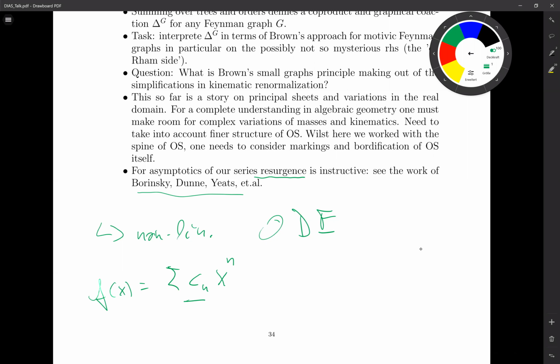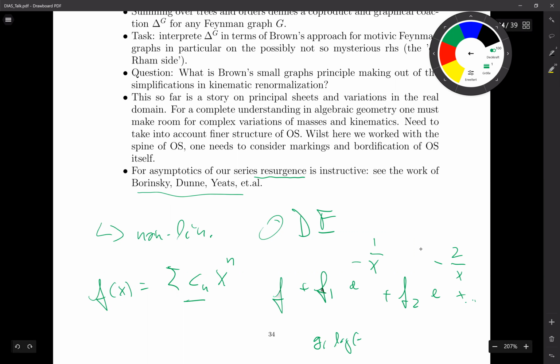That's not yet a convergent series, but then there's a theory which tells you all such series at the end can be expanded not into such a series, but into such a series plus a different series, which again has different coefficients, d_n if you like, and an e to the minus 1 over x, say a small parameter x, plus an F2 e to the minus 2 over x, and so on, plus something which might be another series, say G1, a formal series, times a log of minus x, and a G2 involving a log squared of minus x, and so on and so forth.